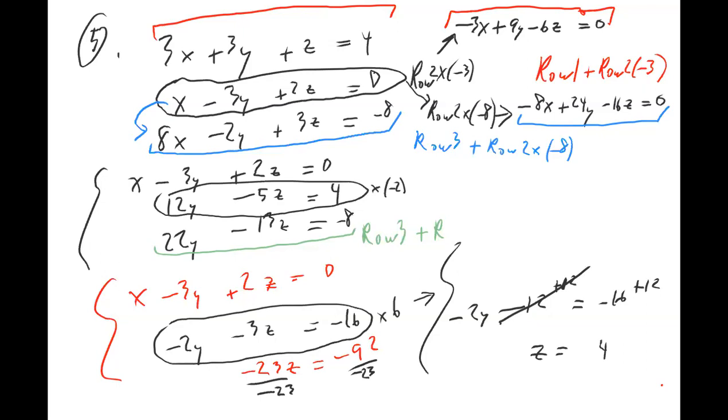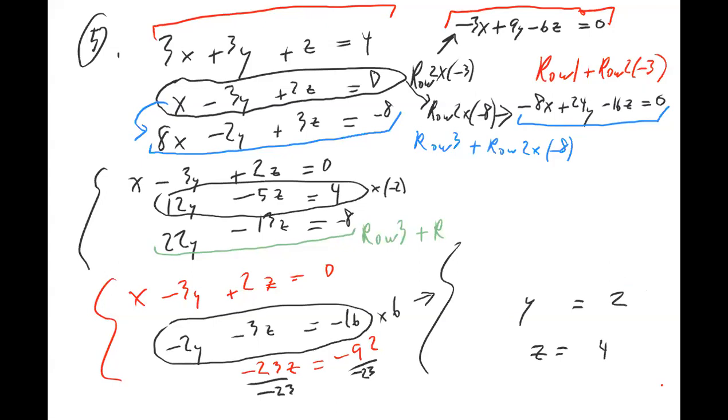Negative 16 plus 12 is negative 4. So negative 2y equals negative 4. If you divide both sides by negative 2, you'll end up with y by itself equals positive 2.